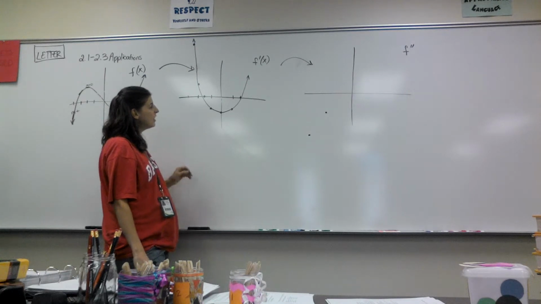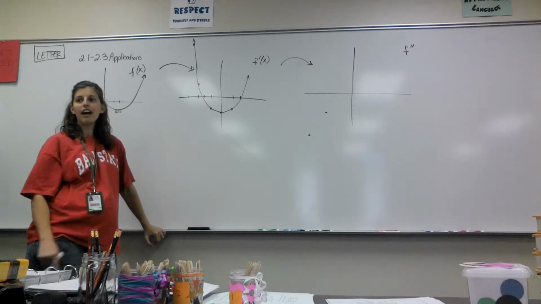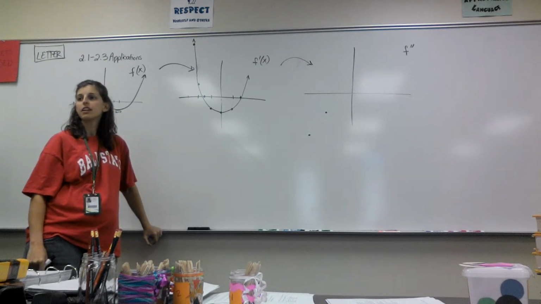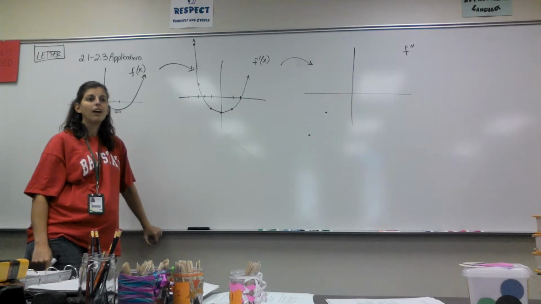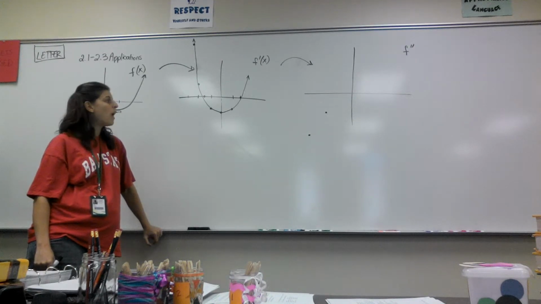All right. Where should I cross the x-axis on that graph? On the second derivative graph, where should you cross the x-axis? At 0? Why?